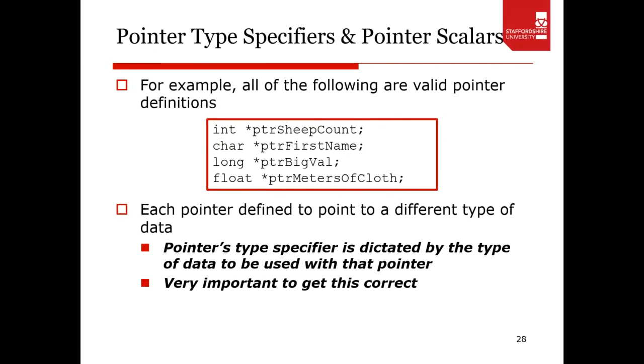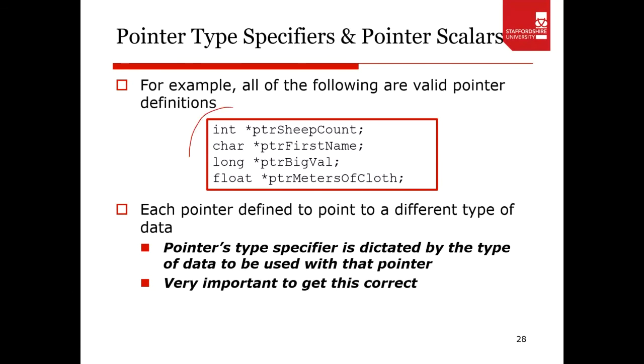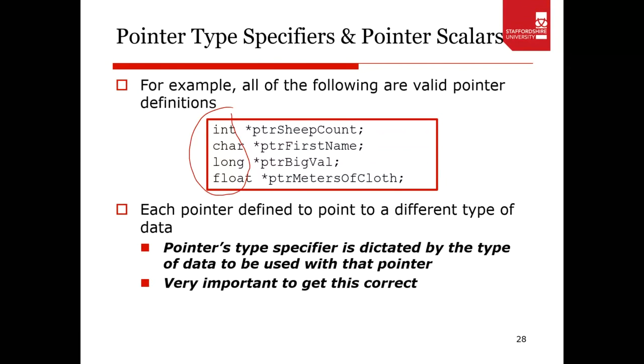So for example, these are all valid pointer definitions: int pointer sheep count, char pointer first name, long pointer big value, float pointer meters of cloth. Each pointer is defined to point to a different type of data. So the type specifier here defines the type of data that will be used with that pointer.